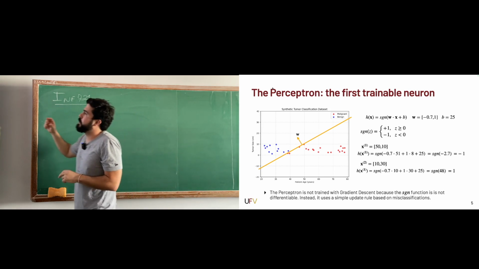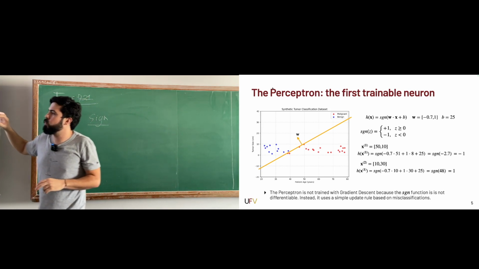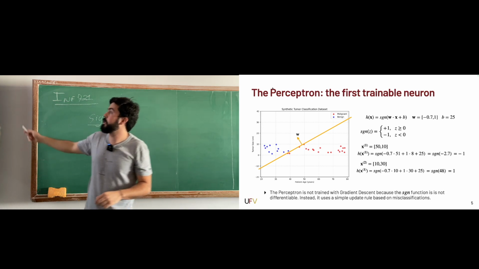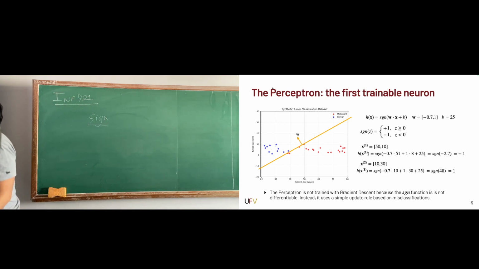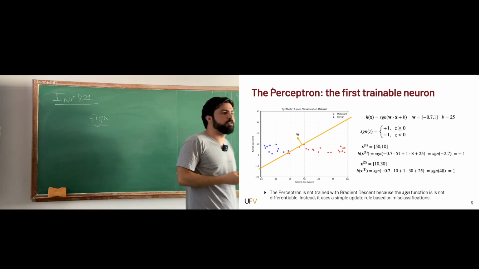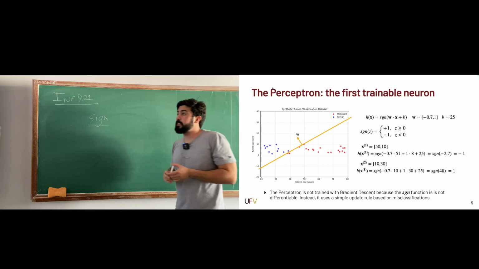And because of this formulation, we actually cannot train the perceptron with gradient descent because this SGN function here is non-differentiable, okay? So you cannot compute the gradient here because it's not defined.